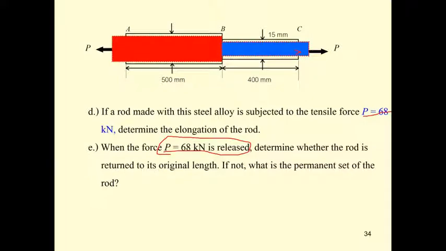So it's up to the behavior of sections AB and BC. If they both are elastic, when you release the force, they are going to return to the same lengths of 500 millimeter and 400 millimeter. If both of them are plastic, both are going to have a permanent set.